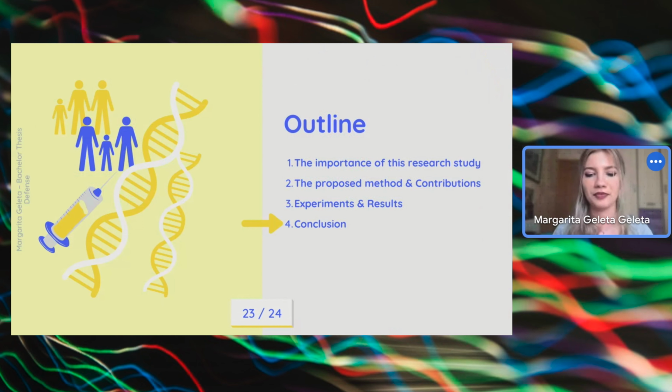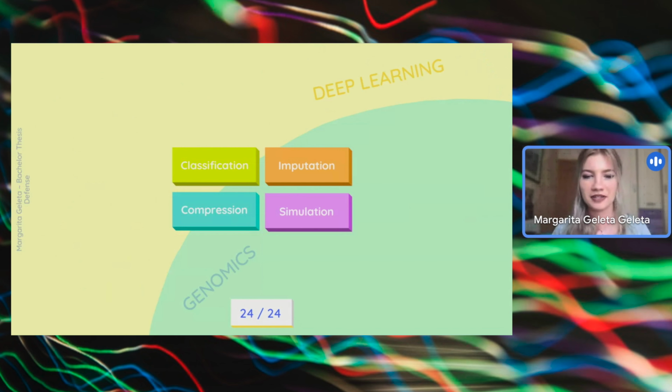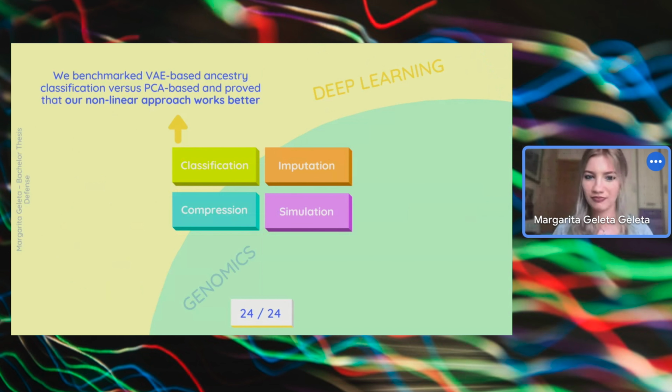To conclude, this work has been a symbiosis of deep learning and genomics, and we have been able to benchmark VAE-based ancestry classification versus classic PCA-based ancestry classification, and we have proved that our nonlinear approach works better than linear PCA-based approaches.